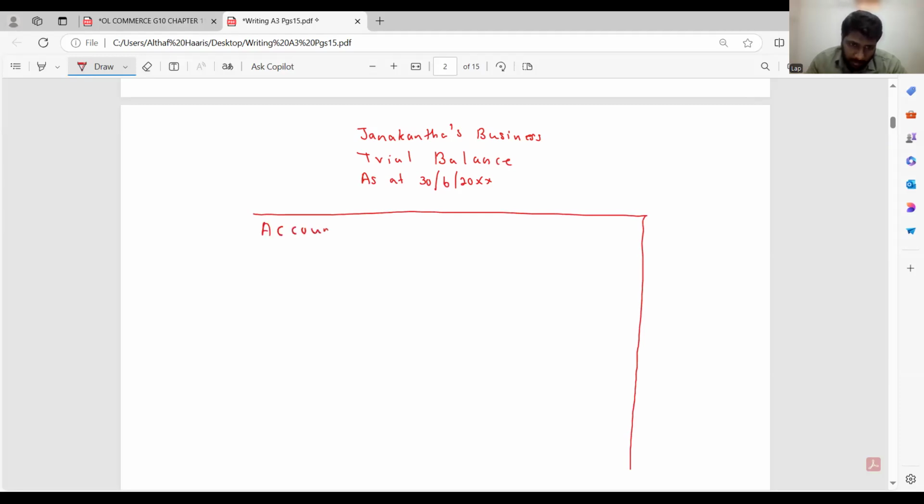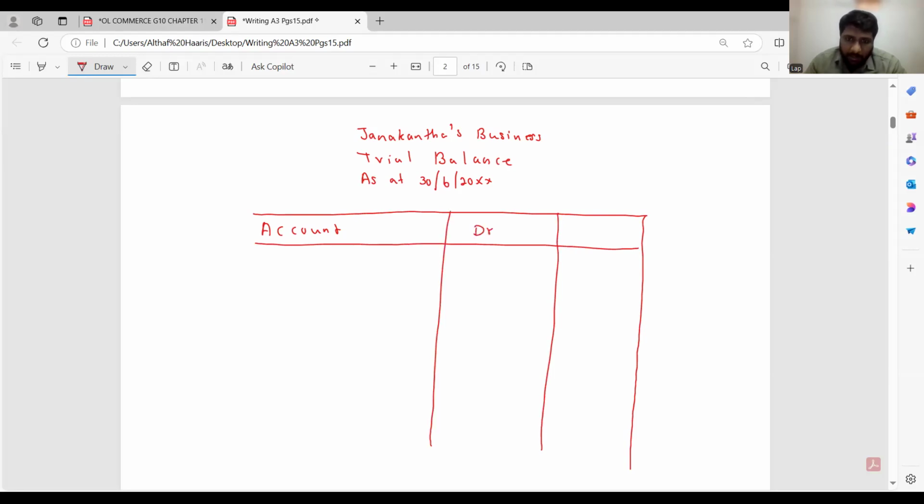Account, debit, credit. Now list all the accounts.